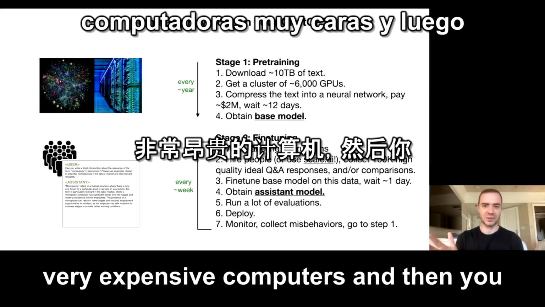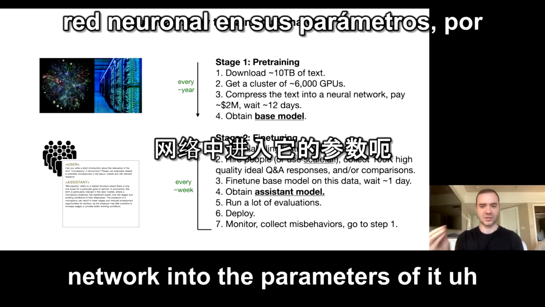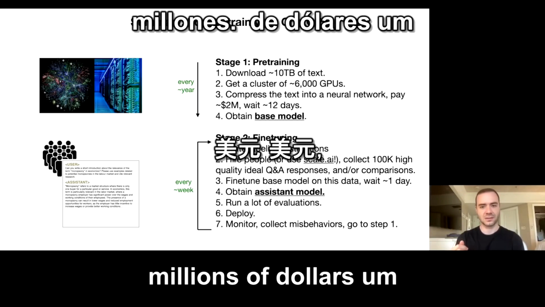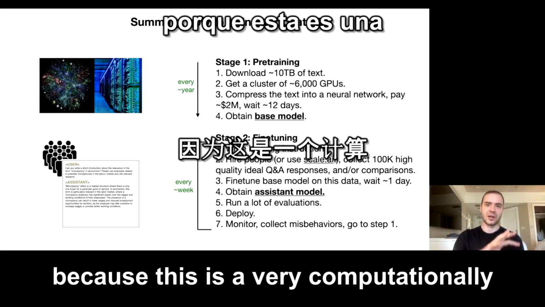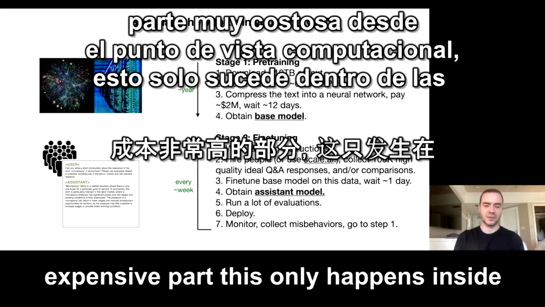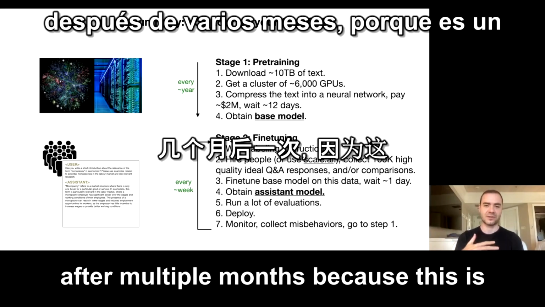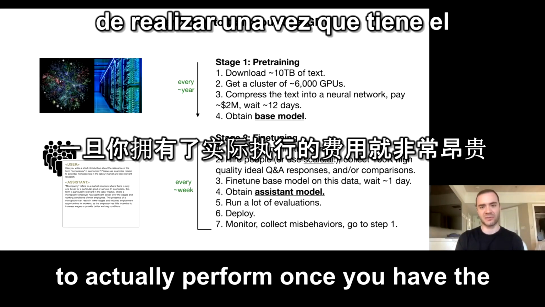These are very expensive computers. And then you compress the text into this neural network, into the parameters of it. Typically, this could be a few millions of dollars. And then this gives you the base model. Because this is a very computationally expensive part, this only happens inside companies maybe once a year, or once after multiple months, because it is very expensive to actually perform.